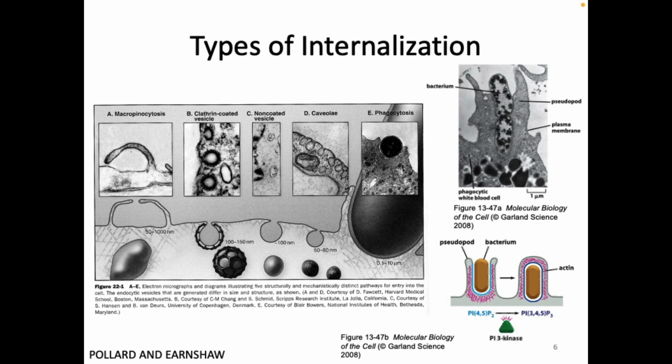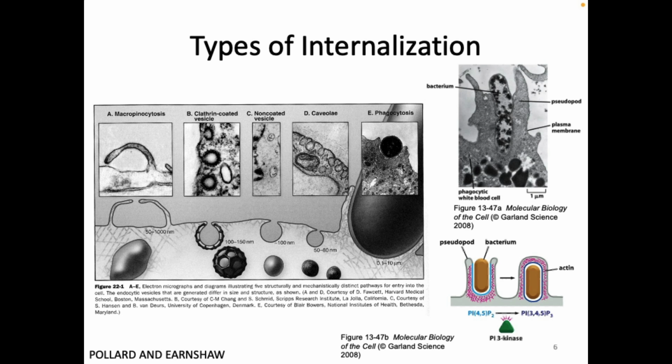The reason why I point this out is that in your body, only 3 kinds of cells know how to do phagocytosis. Phagocytosis is a really hard thing to do. It takes a lot of work.